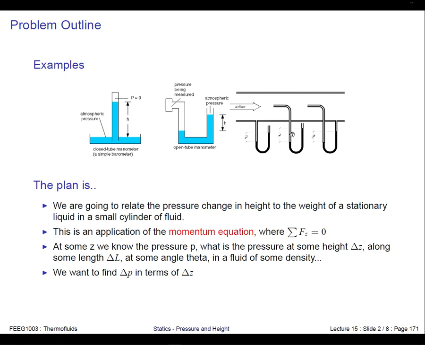Another configuration is to put the tube in the middle of the flow. Right at the end of the tube, the fluid comes to a stationary point, and this is called the stagnation pressure, which we'll come across next term. The stagnation pressure in a moving fluid is different to the pressure outside of the fluid, which gives you another height difference, and you can measure the fluid velocity this way.